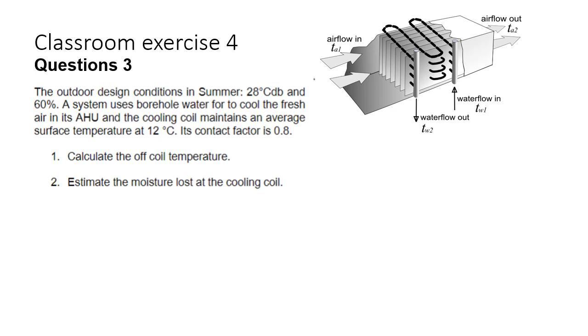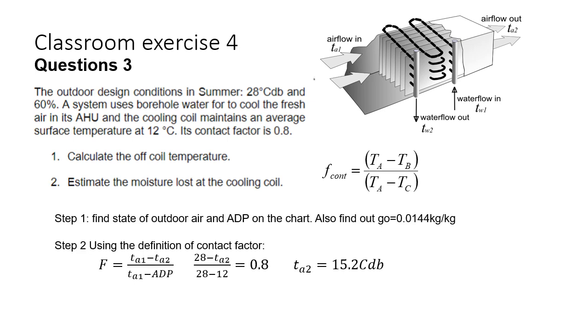Anyhow, let's work out the contact factor first. The contact factor applies to the temperature, before and after. The apparatus dew point is 12 degrees. We don't need a psychrometric chart at the moment, but let's look at this formula.